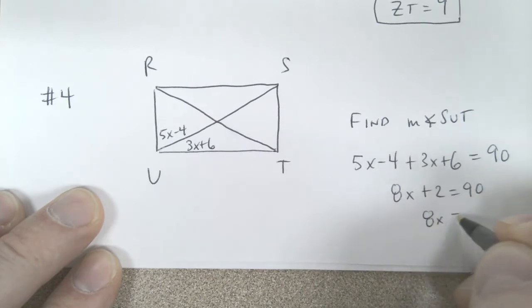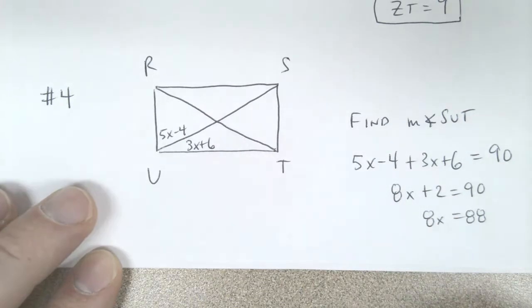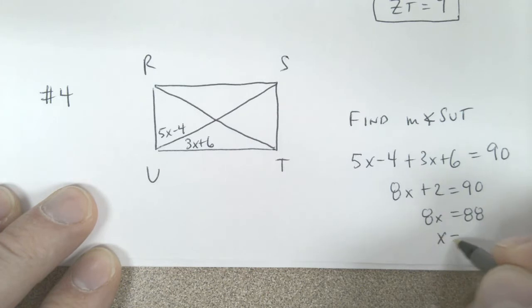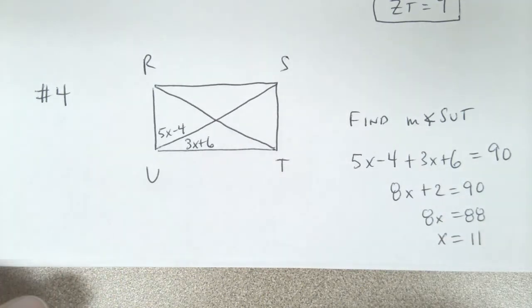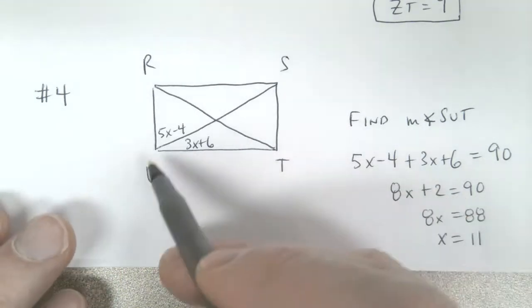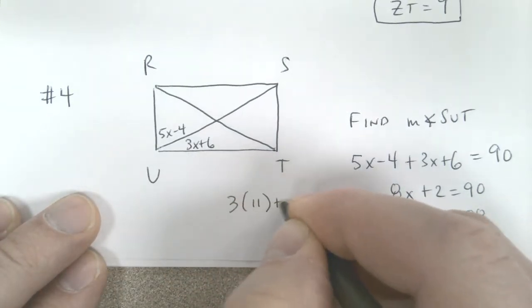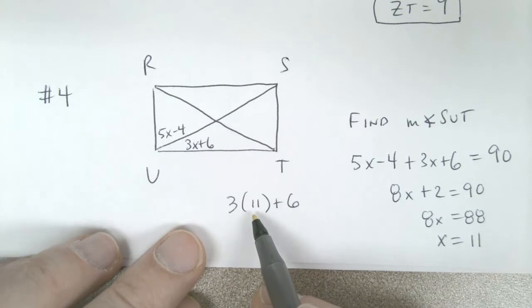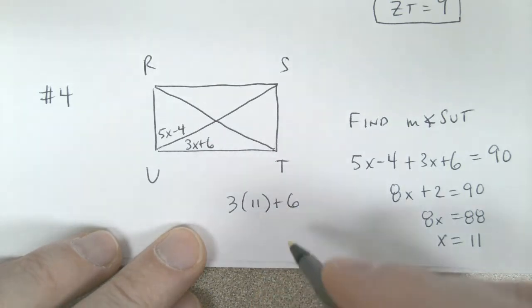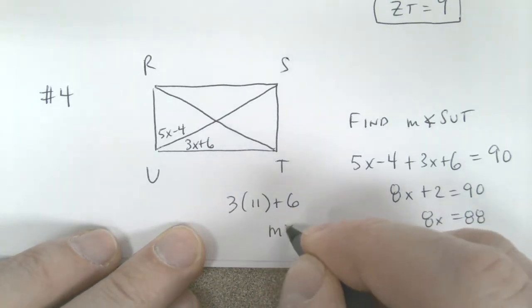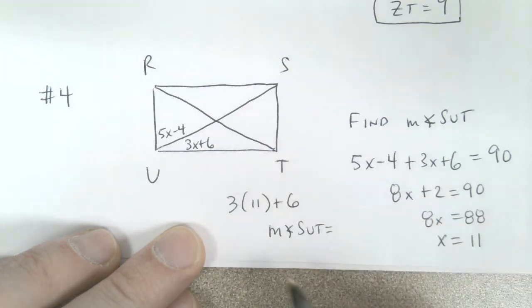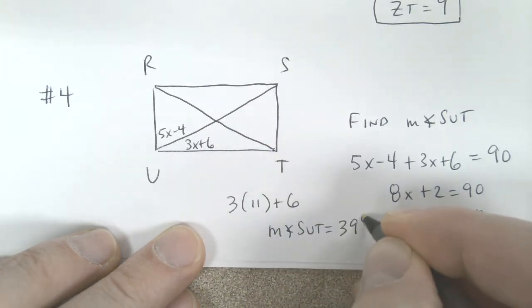I subtract 2 to get 8x equals 88. So x is going to be equal to 11. Now, they want to know the measure of SUT, so I'm going to say 3 times 11 plus 6. Well, 3 times 11 is 33 plus 6. So the measure of angle SUT is 39 degrees.